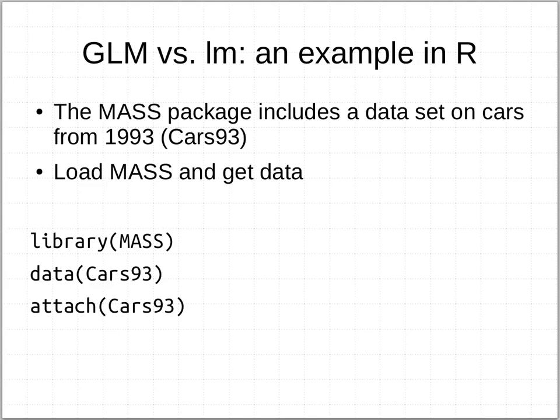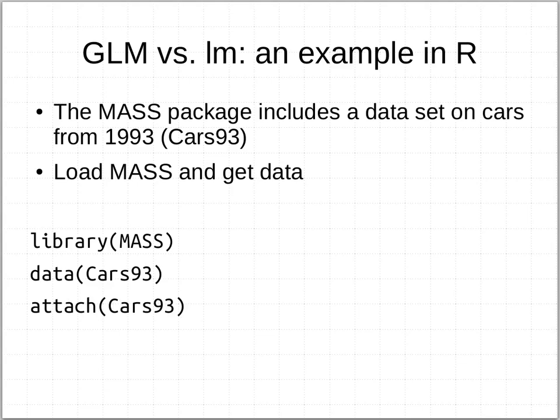Inside that package, there's a data set on cars from 1993, and that data set is simply called Cars93. So if we load the MASS package and get the data, we can say library(MASS), data(Cars93), and then I'm going to attach that, because that means I don't have to keep referring back to that same data set over and over again.